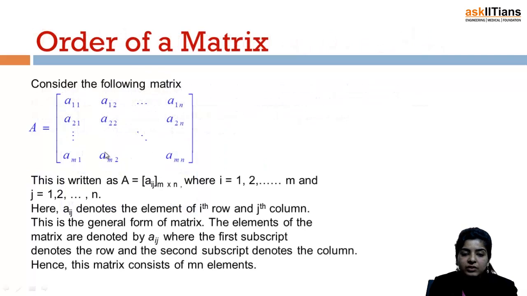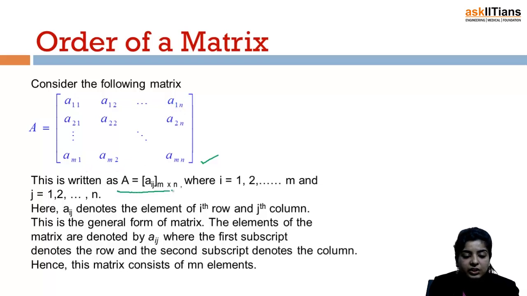Next we have the concept of order of a matrix. This is the most general form of matrix that we have discussed right now: a11, a12, a1n, and so on, am1, am2, amn.